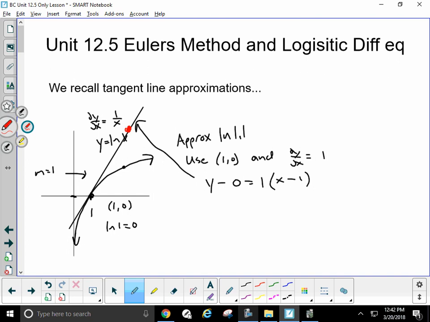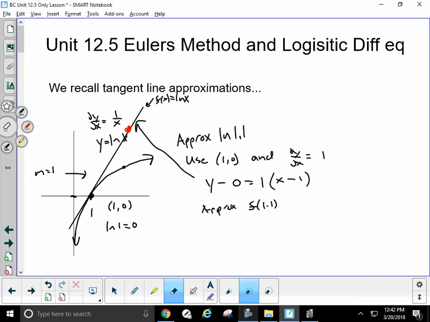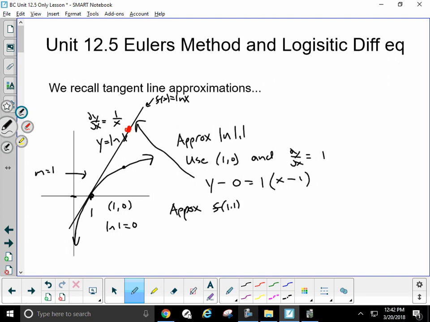Okay, so I can use this to approximate f of 1.1. If this is f of x equals log x, I can approximate f of 1.1. f of 1.1 is approximately 1 times, now this is an x value.